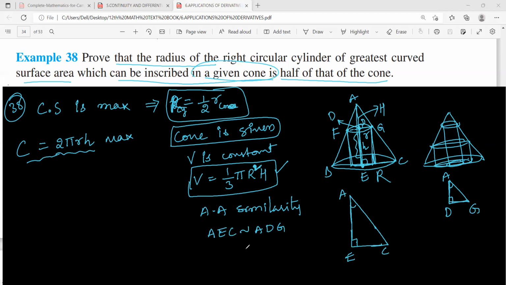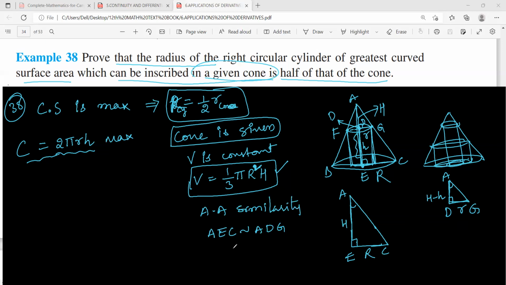Understand? So that means this total is H, total is H minus small h. This is small r. This is capital R. Got it? Yes, sir.